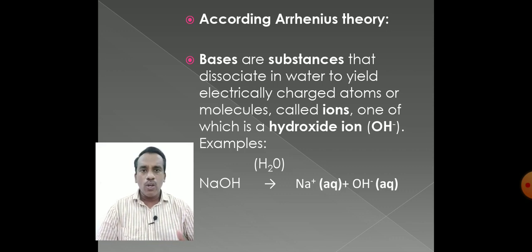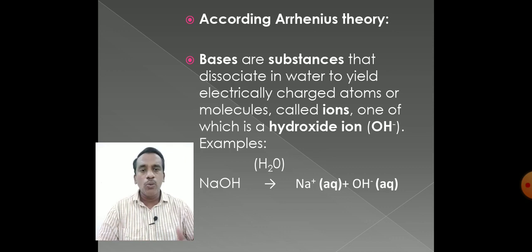When you dissolve a substance called sodium hydroxide in water, it will dissociate to give Na plus aqueous. Aqueous means the ions that are mixed with water, and also OH minus aqueous. The compound that was able to give hydroxide ion, can we call it a base? Yes, we can call it a base. So sodium hydroxide is one of the examples of a base.